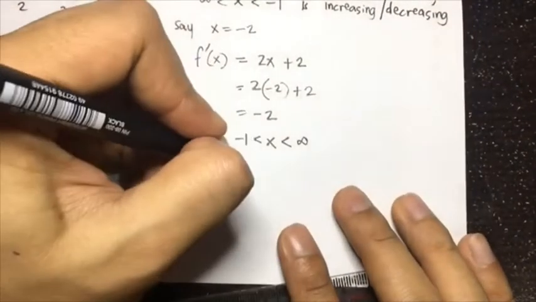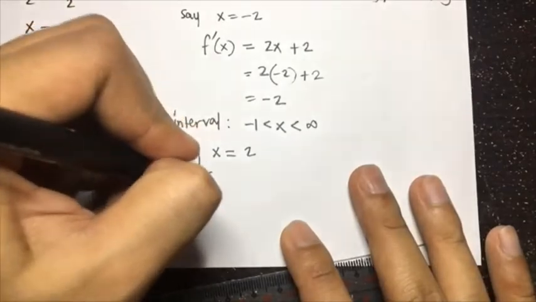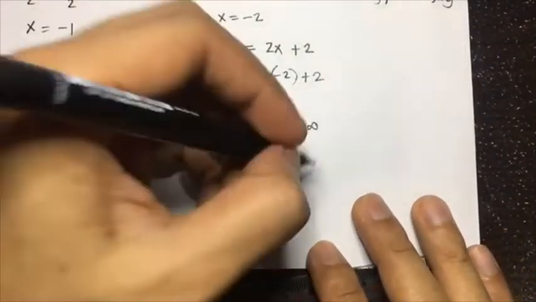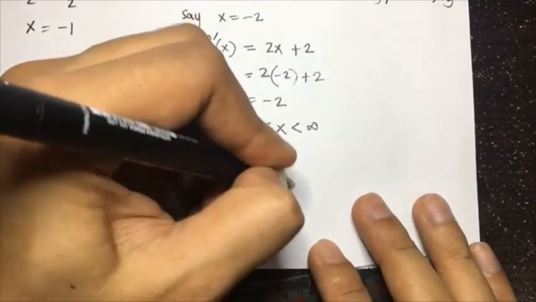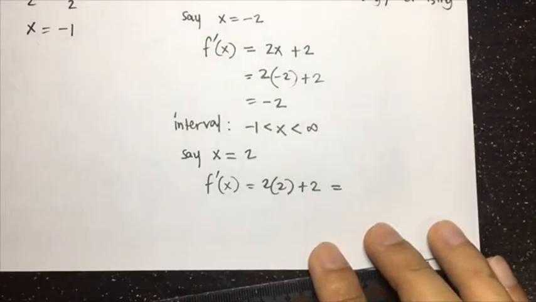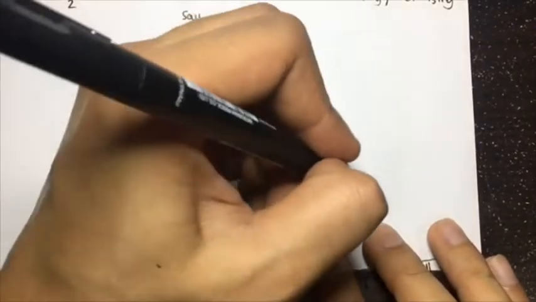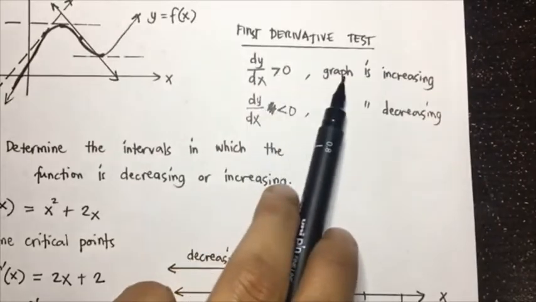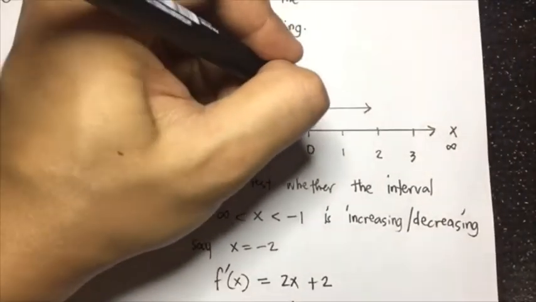Then f prime of x is equal to 2 times 2 plus 2. So that is positive 6. It's positive, it's greater than 0, so therefore the graph is increasing.